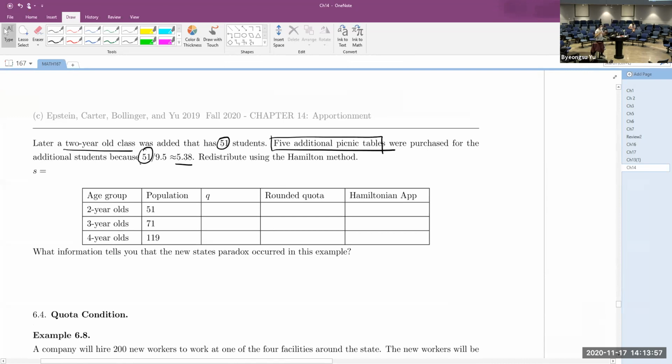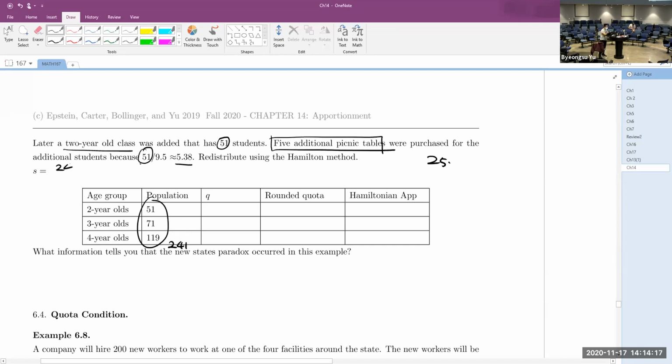So redistributing those tables, in this case we have 25 tables using the Hamilton method. To do this, first of all, we need to calculate the standard divisor. If you add all those numbers, it should be 241.